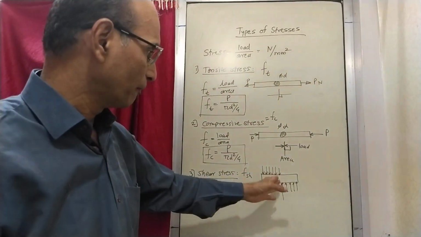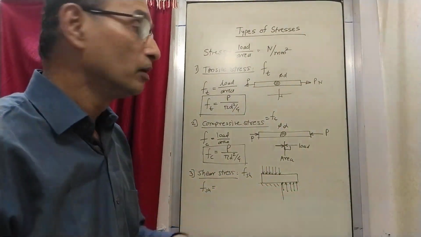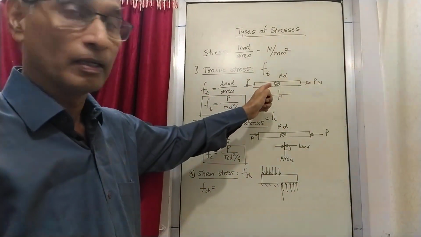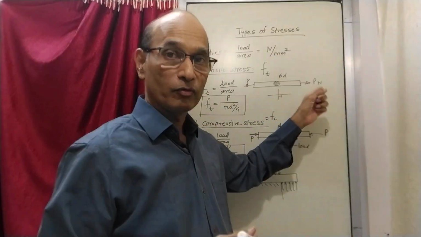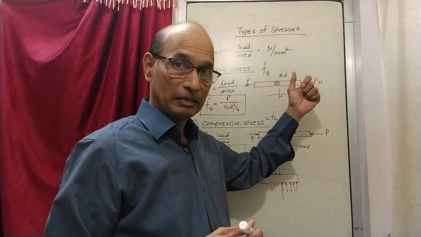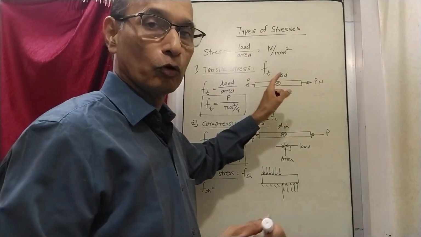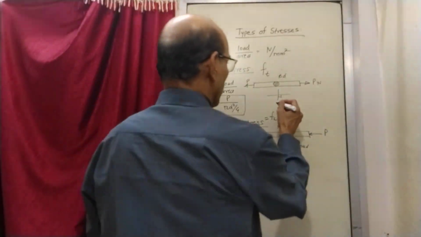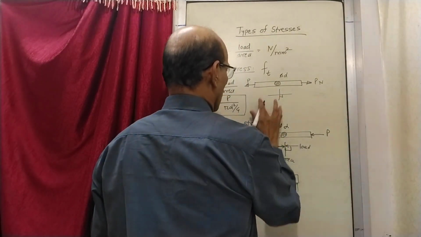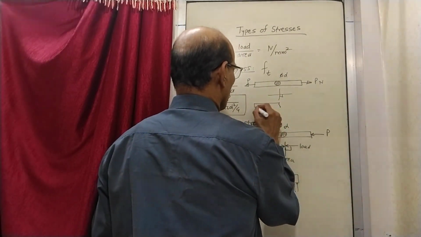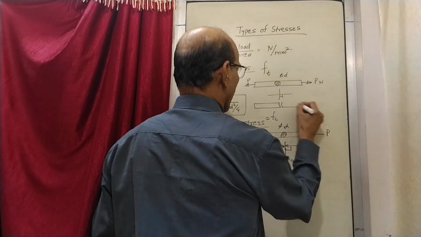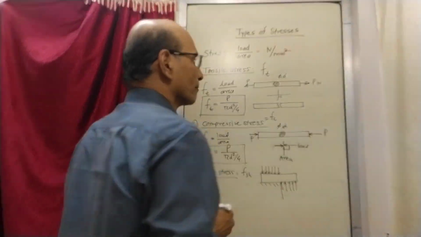Now in this case what will happen is, it will get sheared off from here. Suppose you want to show the condition, what will happen at the extreme end of the load here. That means you are applying a load till it breaks. So in that case the breakage will take place, where this rod will be broken into two parts like this.